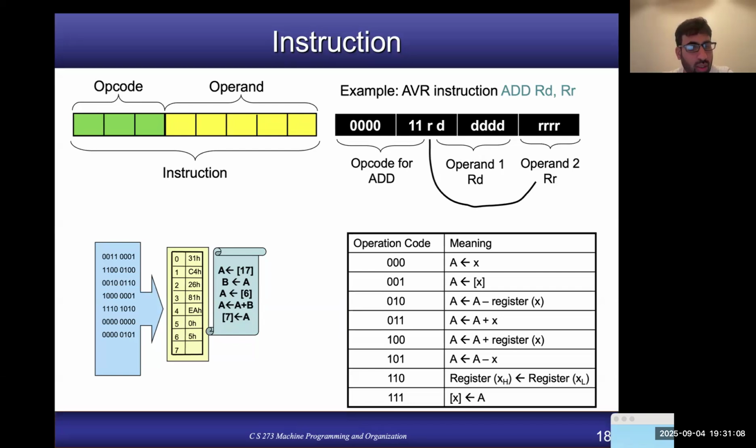Based on the result of decoding, we either read some value from the memory and bring it into the registers, or we add some registers together, which means we perform some kind of arithmetic or logic operation, or we write some data back into the memory, depending upon the kind of instruction which is decoded.